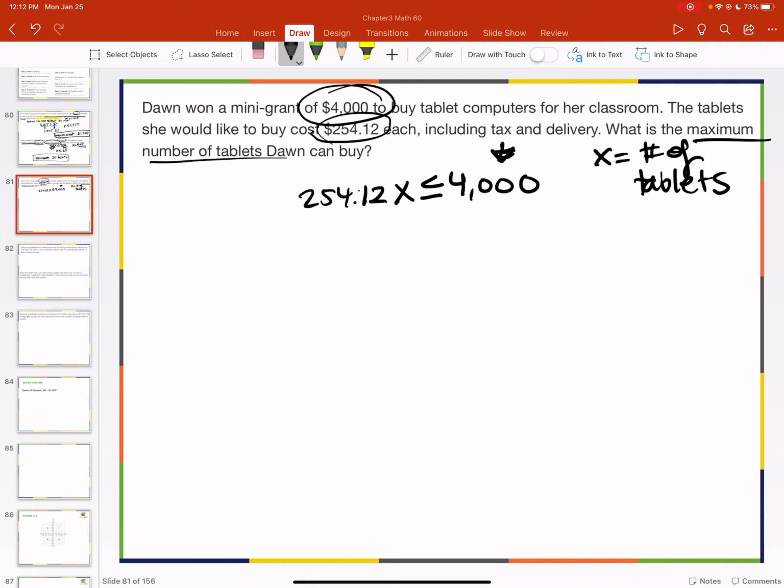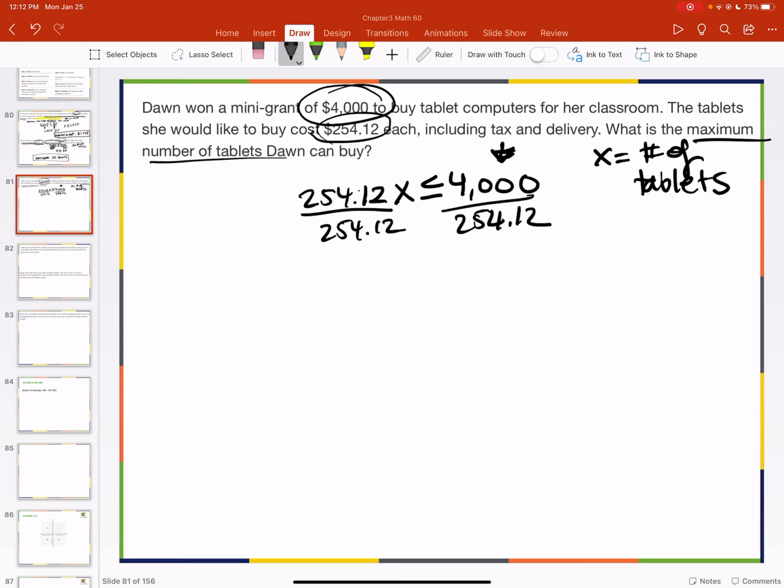So this is our setup, and then we just solve for X. We divide both sides by 254.12. So then you get 4,000 divided by 254.12.